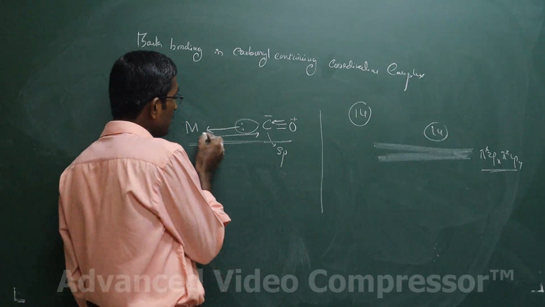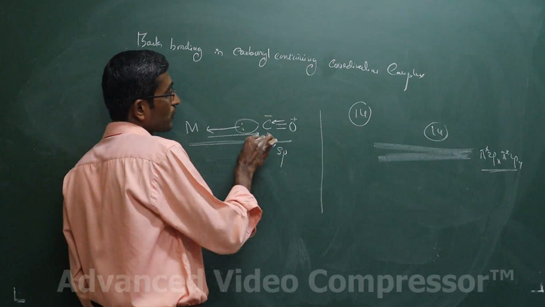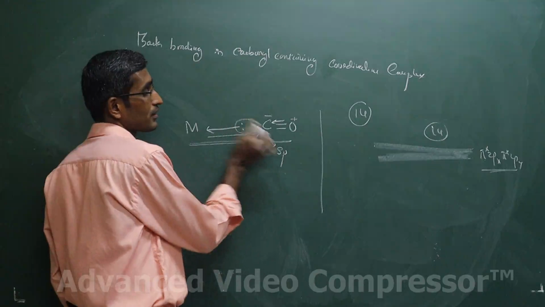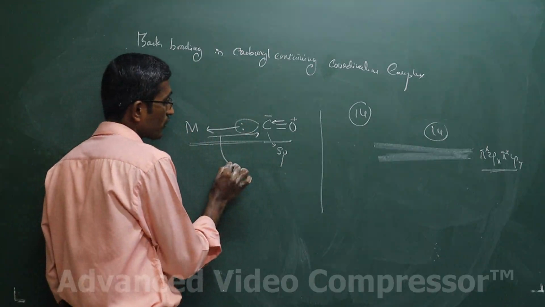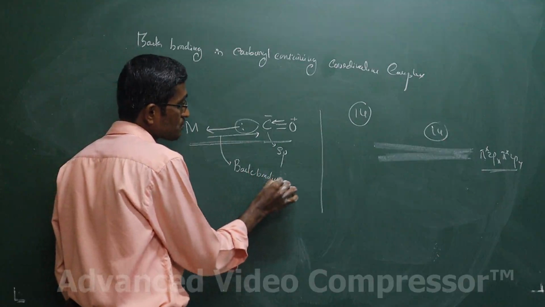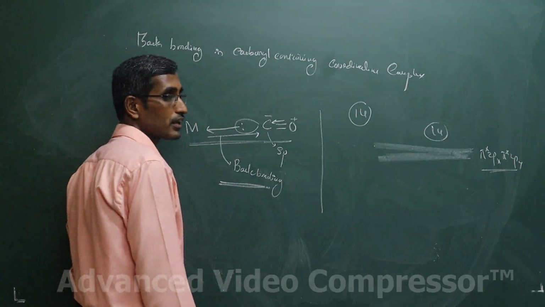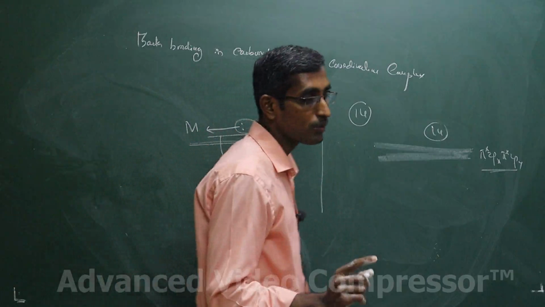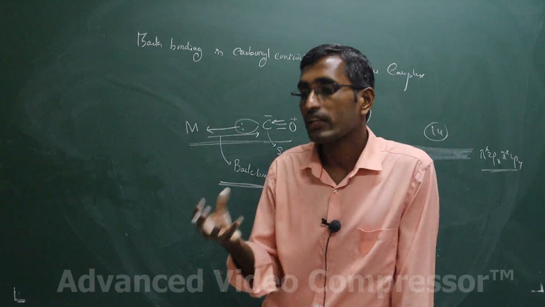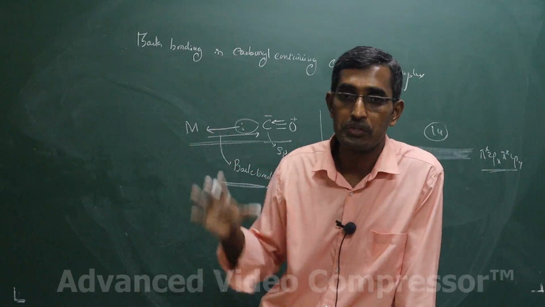Since they are empty, they can take back the electron from the metal. When it takes back the electron from the metal, a double bond character is established between the metal and the carbonyl. This bond is what we call back bonding, and it is responsible for the strengthening of the bond between the metal and the carbon, or in other words, for the strong ligating character of the carbonyl ligand in the coordination complex.